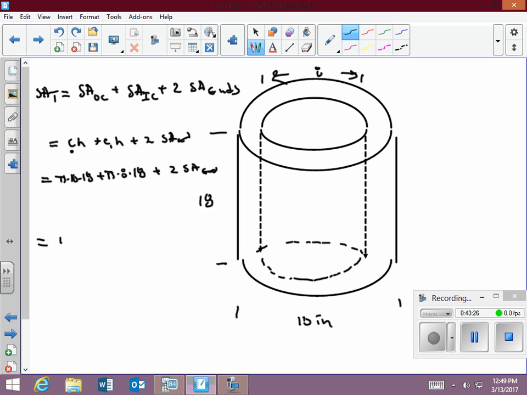Pi times 18 comes out of there, and then it's 10 plus 8, that's another 18, isn't it? Plus 2 times the surface area of the ends. So this is pi times 18 squared.